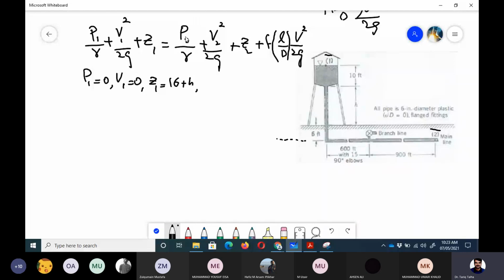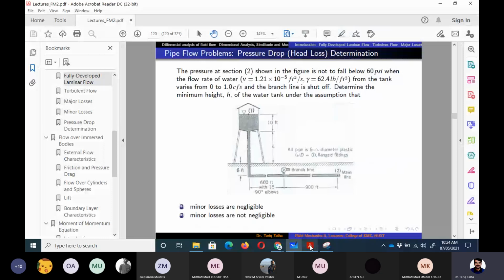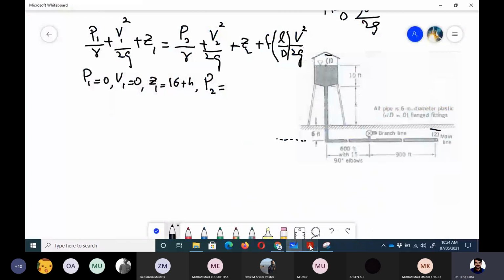Now coming to the pressure at P2. We know that P2 should be equal to 60 psi. It shouldn't be less than that, so we are going to design on that. So 60 psi, and the V2 value.